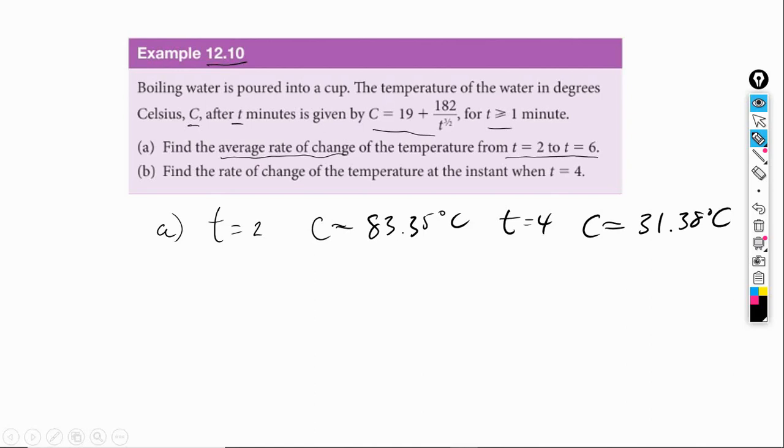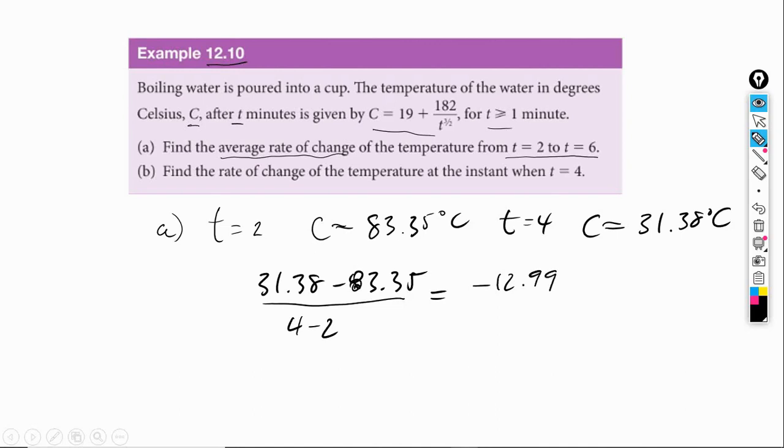Therefore, the average rate of change would then be difference in y over difference in x. So 31.38 minus 83.35 divided by 4 minus 2, and this is going to give us about negative 12.99.